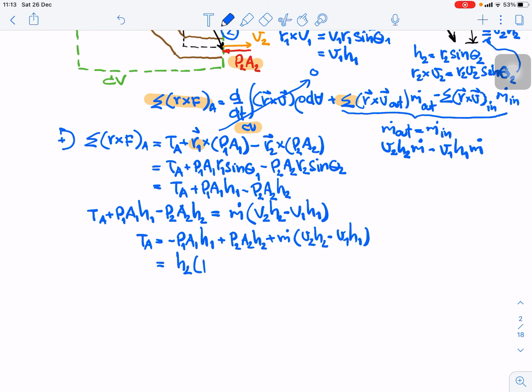So we have H2 times P2A2 plus m dot V2, sorry, m dot V2 H2, and subtract H1 P1A1 plus m dot V1 H1. That is the equation for torque at point A.